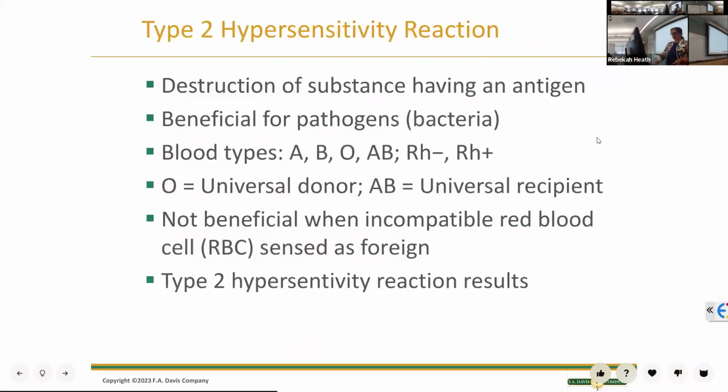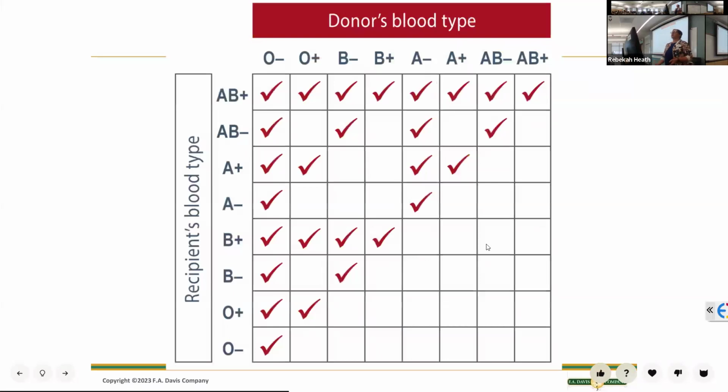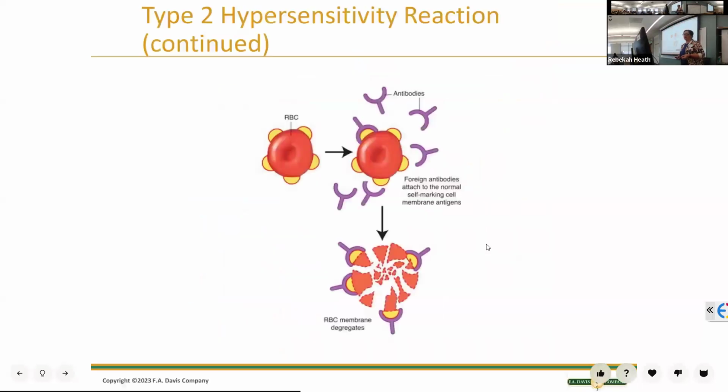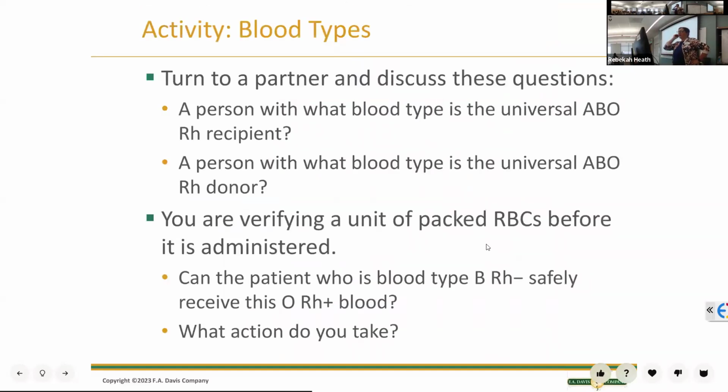Moving back. Okay, so if you give somebody blood that's not their type, or it's not been screened and typed accordingly, you can have a type 2 hypersensitivity reaction. Here you can see the little pictures of how it can destroy the red blood cells. So we'll read these and turn to a partner and discuss this just for a minute.